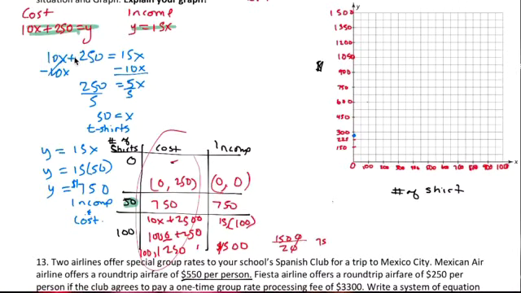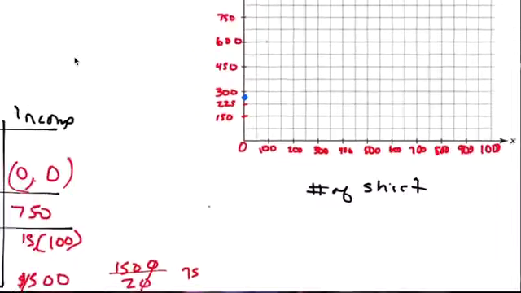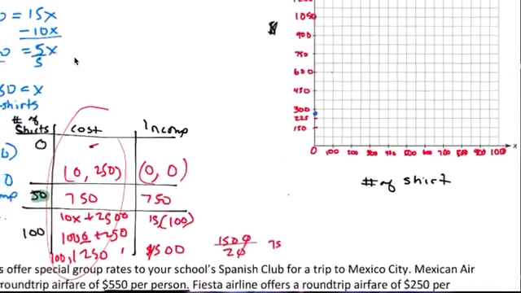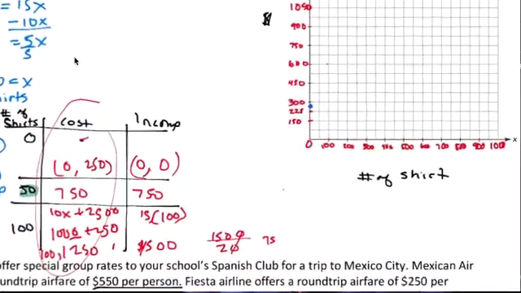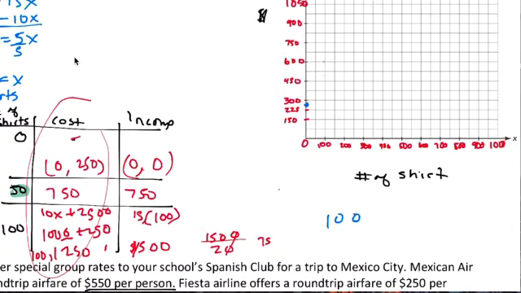Oh man, what am I doing? Why am I numbering that by 100? 100 divided by 20 is 5.